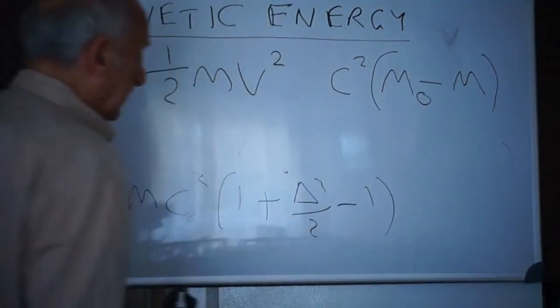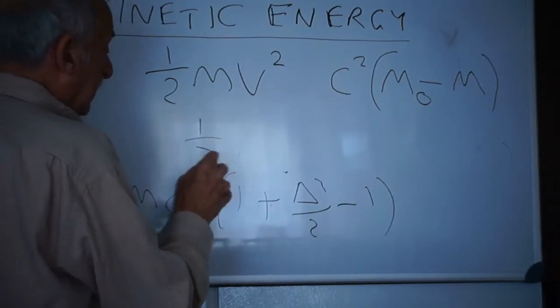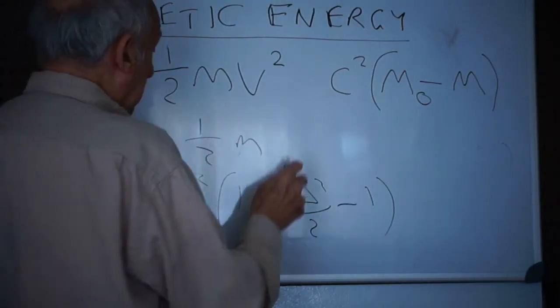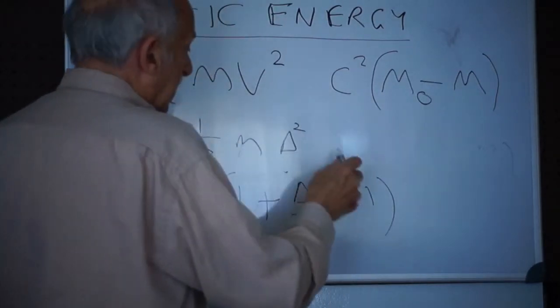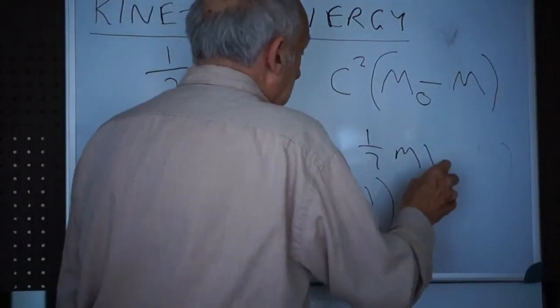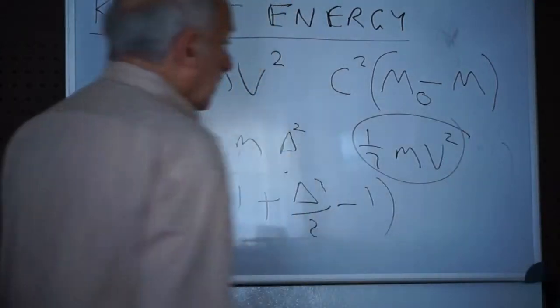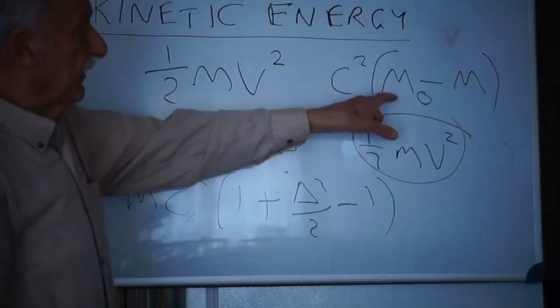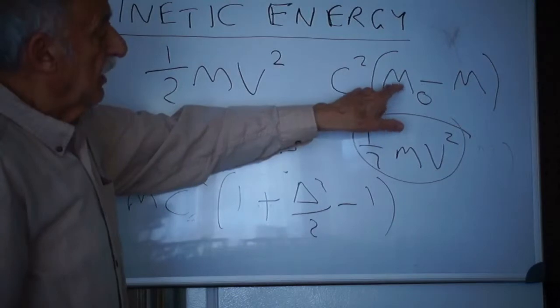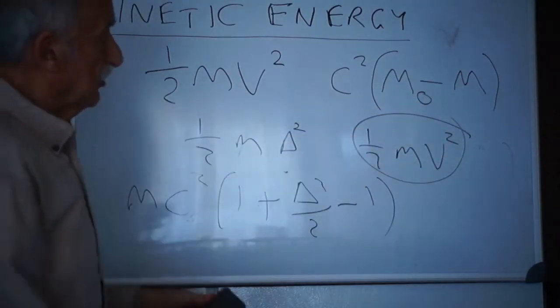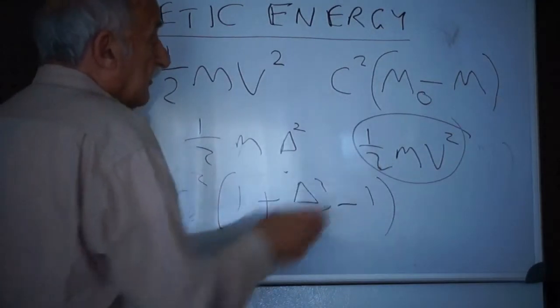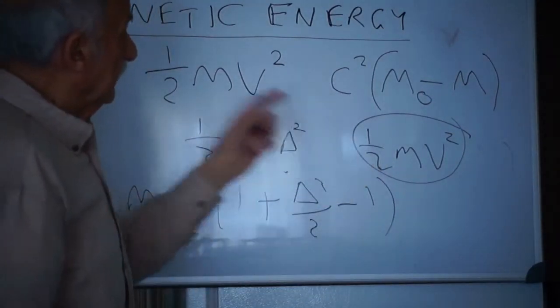It comes out to that, and that is equal to half of m delta squared, which in this case is half m v squared. So by approximating this as being a very small change from that, you can halve it, which is like the binomial theorem would halve the interest, so we can do the same thing here.